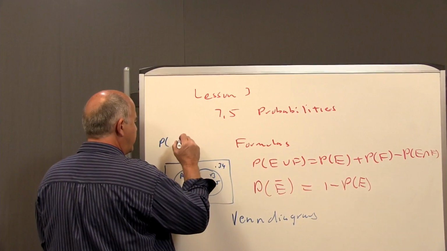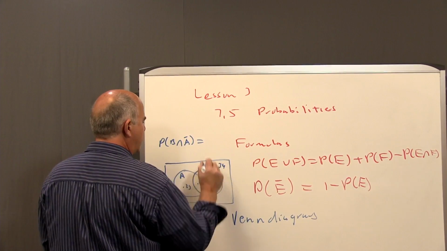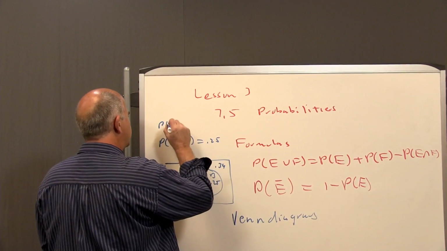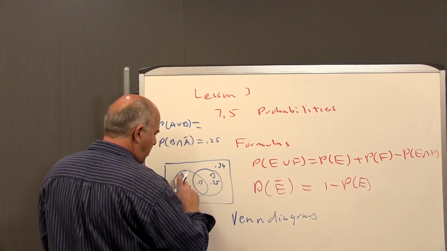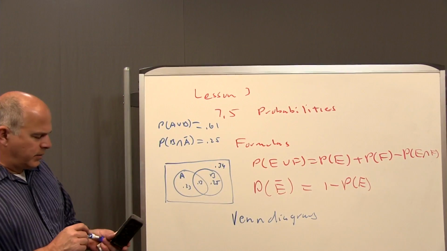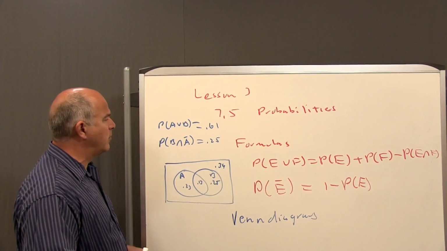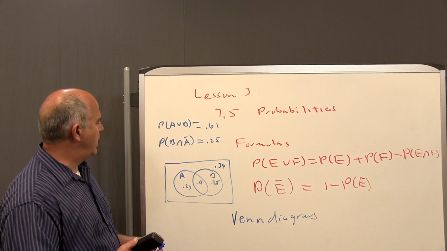So what's the probability that something's in B and not in A? Well, that's your 0.25. Or what's the probability that something's in A or in B? Well, A or B is your 0.61. So being able to draw the Venn diagram, being able to interpret the Venn diagram, all that stuff is important, right?